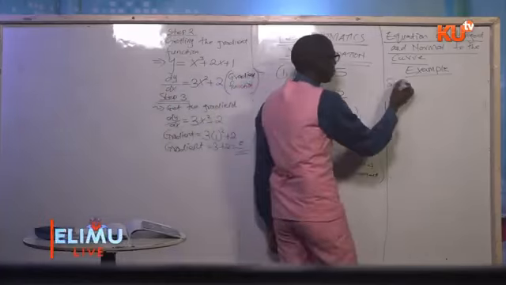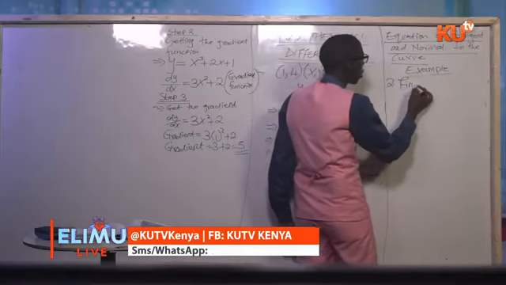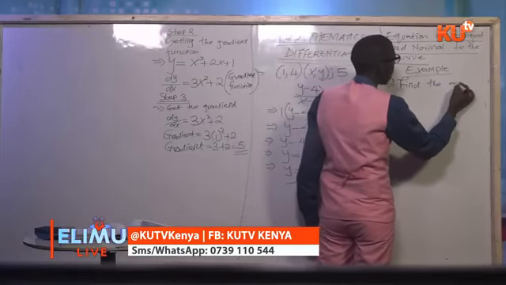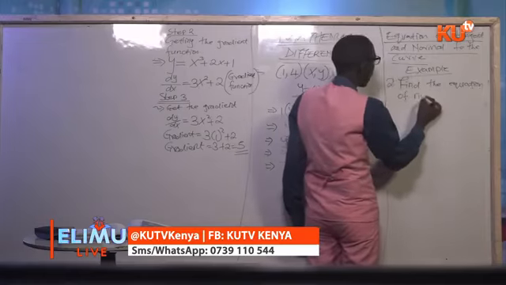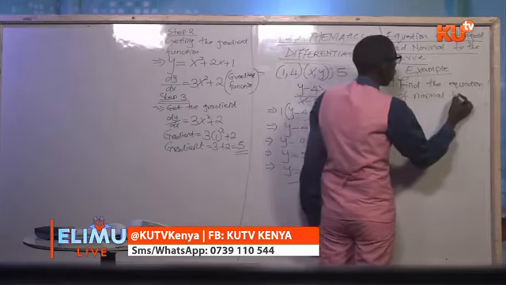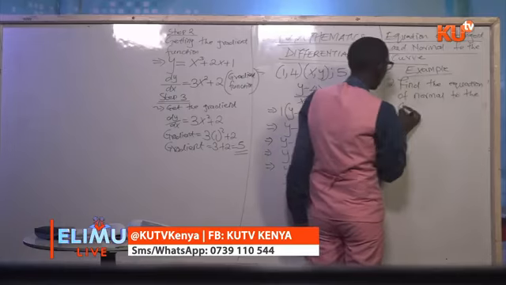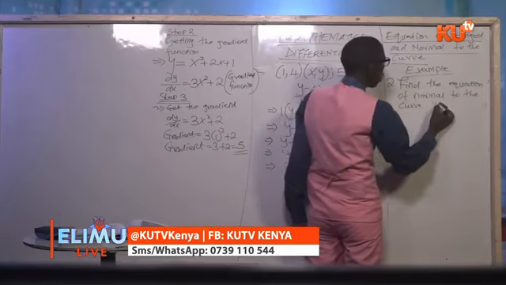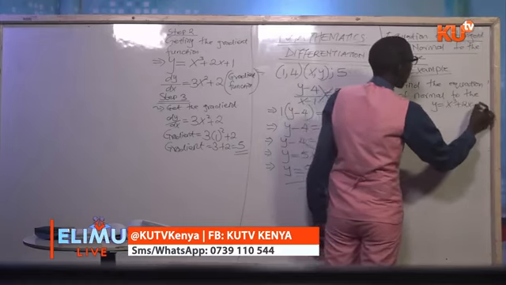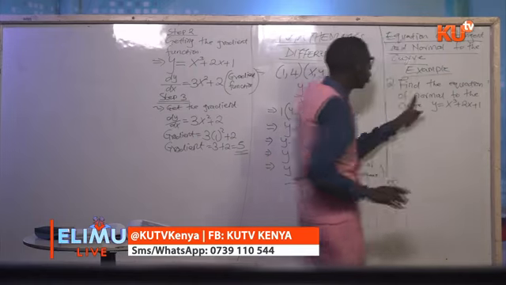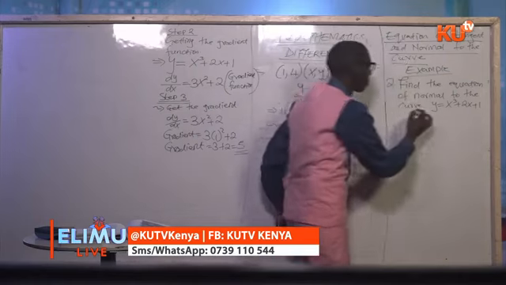Example 2: find the equation of the normal to the curve y is equal to x cubed plus 2x plus 1. That is the normal to the curve.